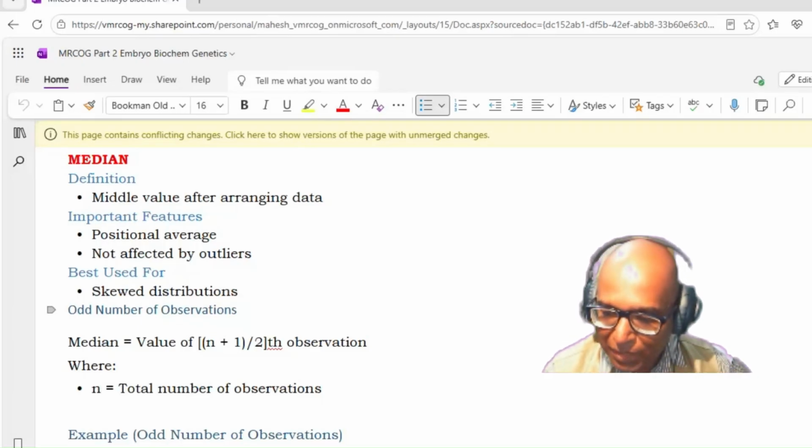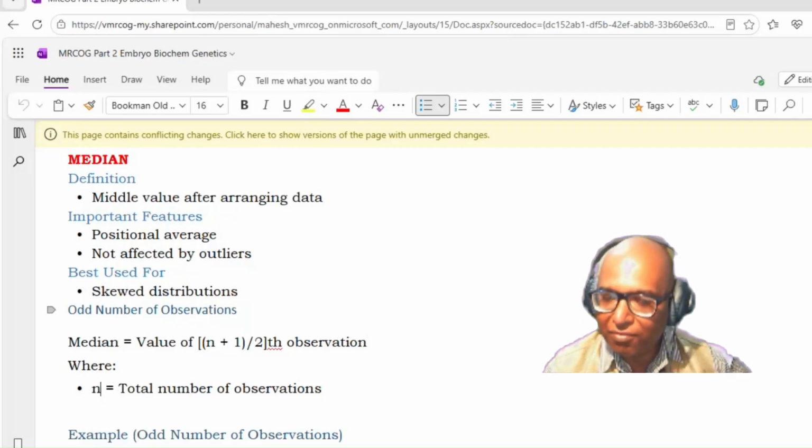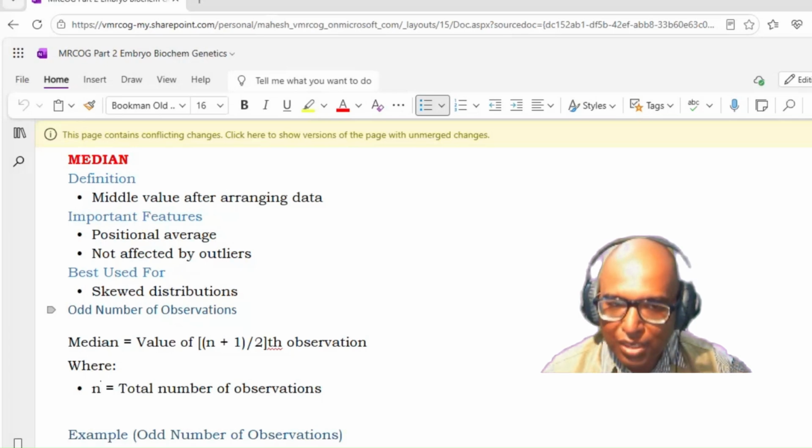So in that case, for the median, you will have two formulas. One when you have an odd number of observations, and another when you have an even number of observations. How to calculate the median is very important, and which formula you are going to use, because they will ask you to calculate the median.